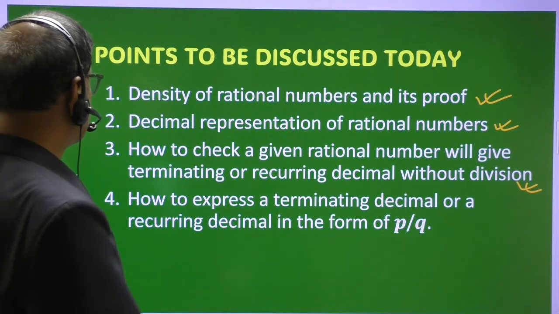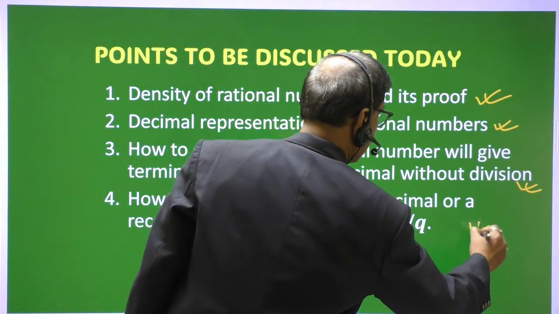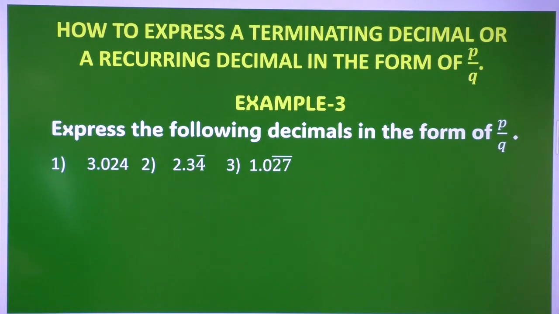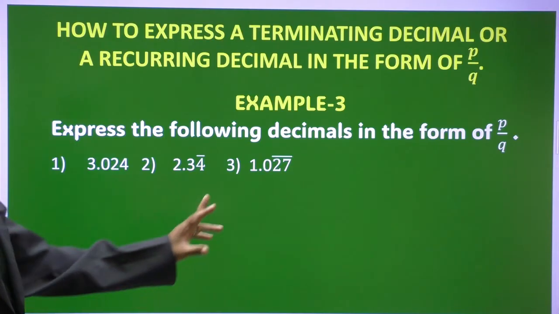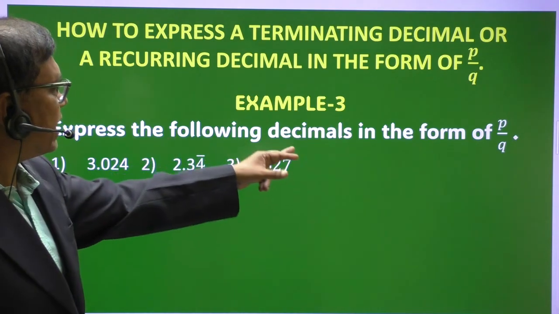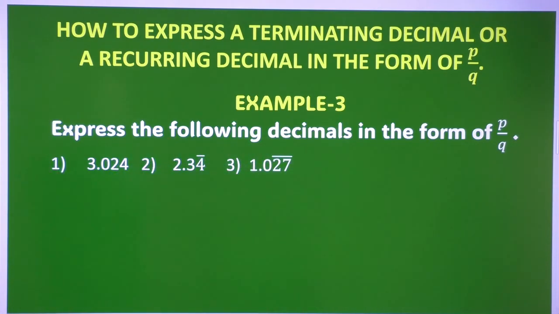Now I am going to discuss point number 4. How to express a terminating decimal or a recurring decimal in the form of P by Q. So I'll explain it with examples. Express the following decimals in the form of P by Q. 3 sums I have taken, one by one I will solve.